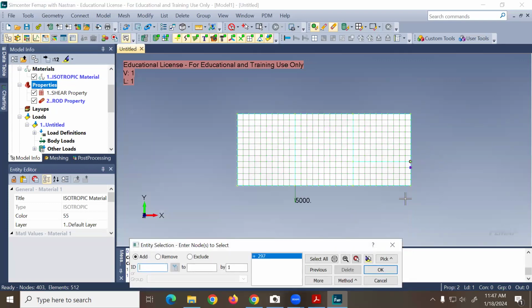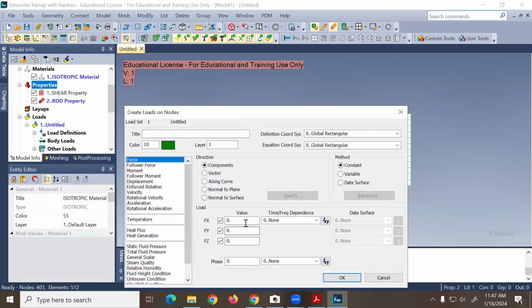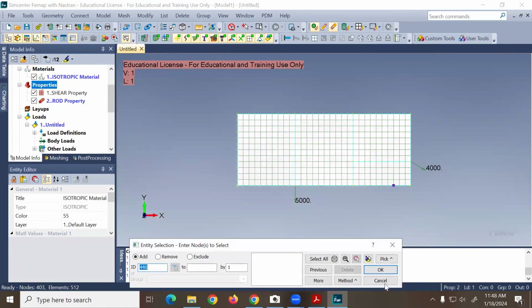And then over here, we had 4,000 times sine 60 for the x, and negative 4,000 cos 60. So you see the 4,000.